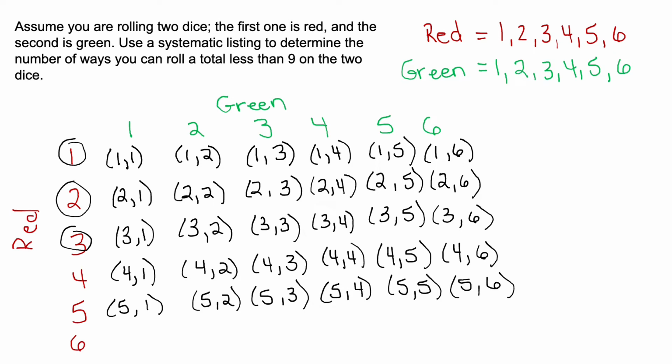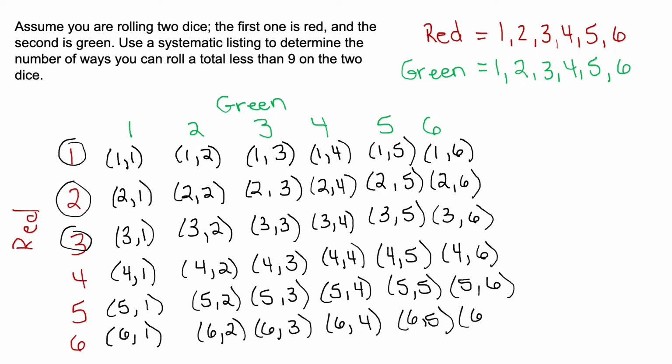My last row, if I roll a red 6, I can have a green 1, a red 6 and a green 2, a red 6 and a green 3, a red 6 and a green 4, and then a red 6, a green 5, a red 6, and a green 6. So now I listed all of my outcomes for rolling 2 dice.